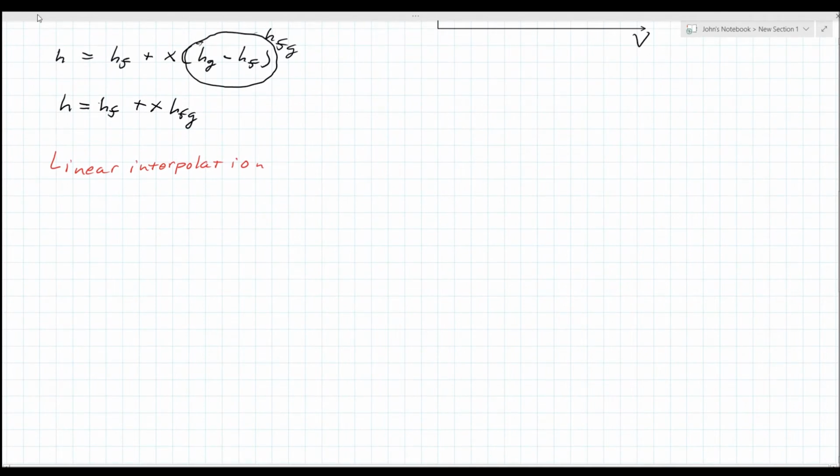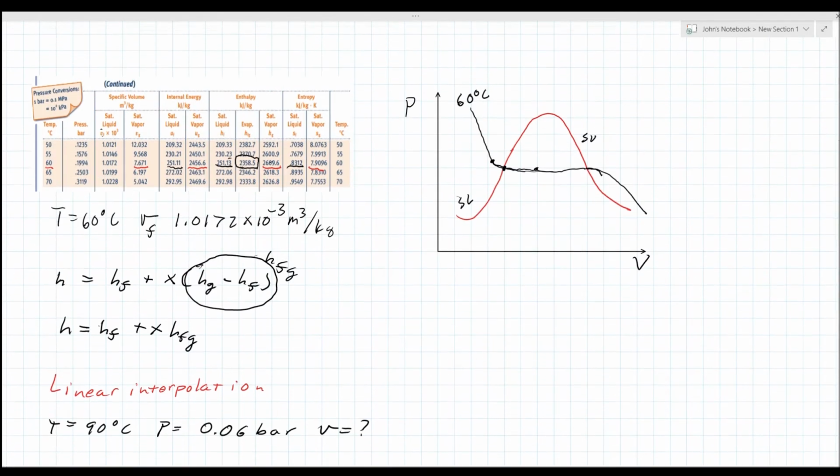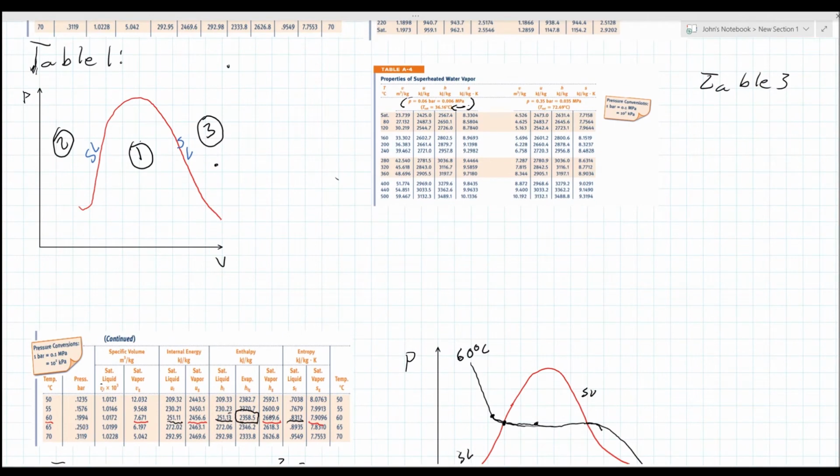If the temperature that I want is equal to 90 degrees Celsius and my pressure is equal to 0.06 bar, what is my specific volume? Well, at 0.06 bar, if you look at the table, you will see that it is going to be superheated vapor.